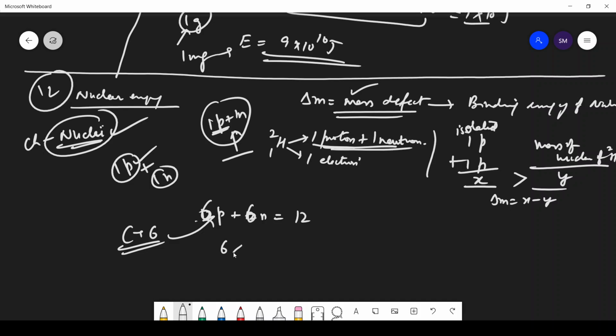When you multiply the mass of 1 proton by 6 and the mass of 1 neutron by 6, you get the total mass. But the mass of the nucleus of carbon, which contains 6 protons and 6 neutrons, is lesser. That is the mass defect, and this difference is the source of energy.